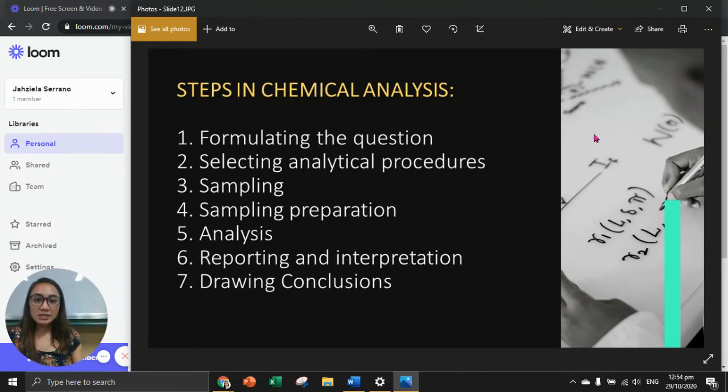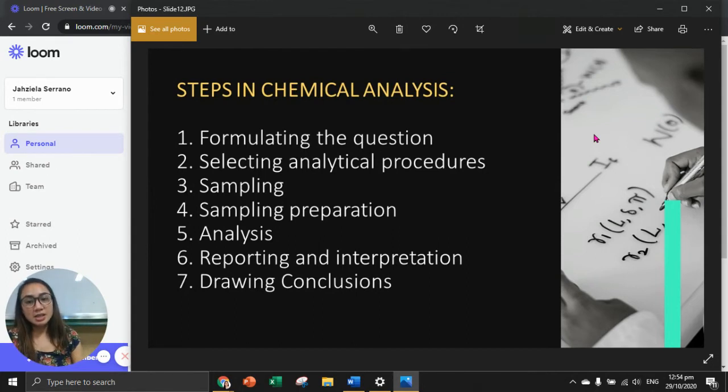And then next is sample preparation. So dito, you need to have identical samples and reproducible. And then 5 is what you do in the analysis. So step number 5 is important kasi dito niya na madadetermine kung ano ba talaga yung sasagot siya dun sa question number 1.